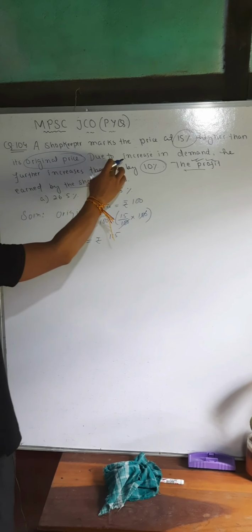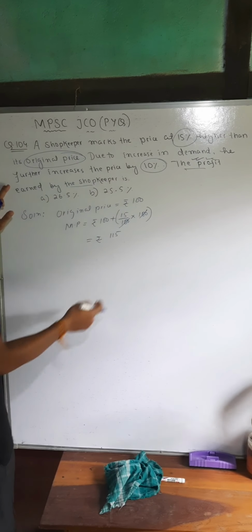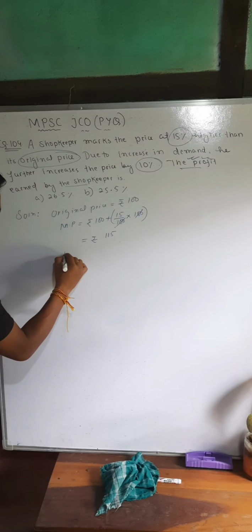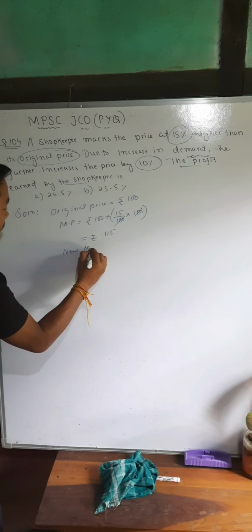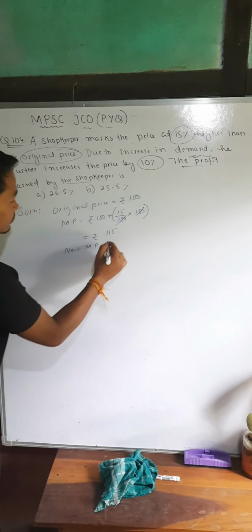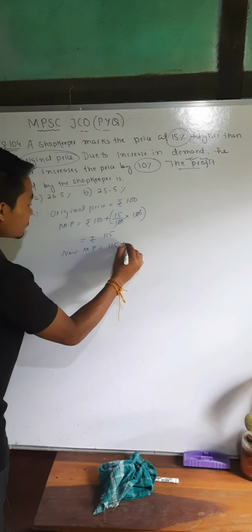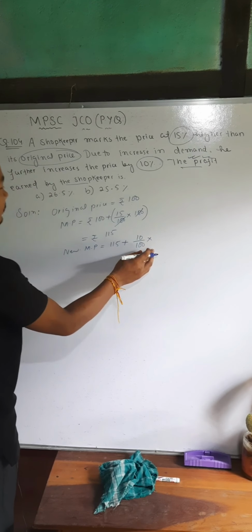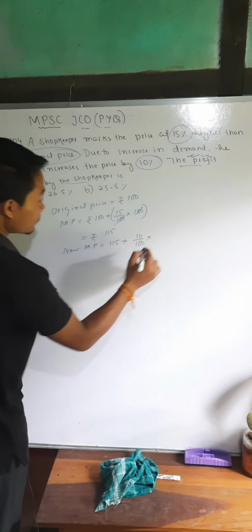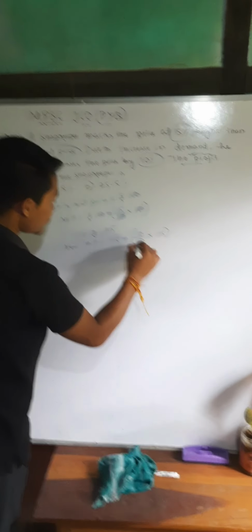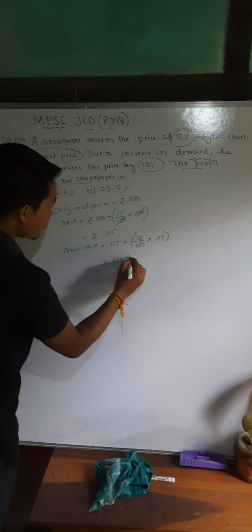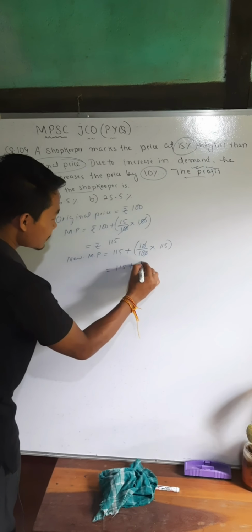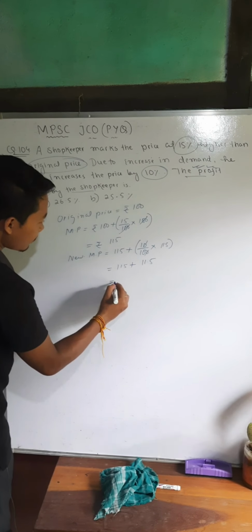Due to the increase in demand, he further increases the price by 10%. Now again the shopkeeper will increase 10% more. New mark price: 115 plus 10% of what? 10% of not the original price, but 115. 115 divided by 10 will give us 11.5.